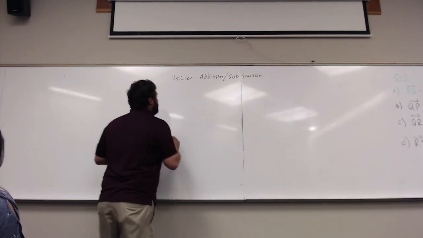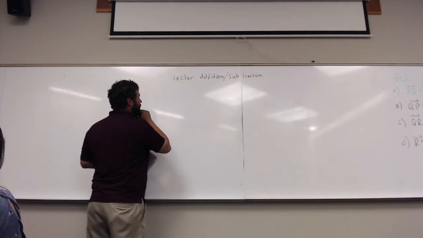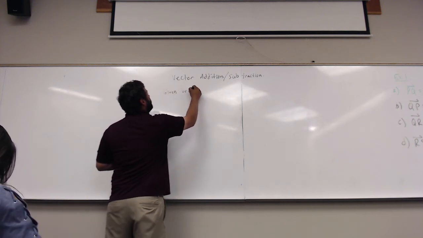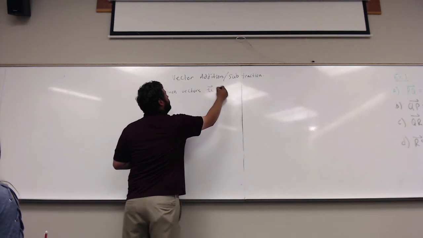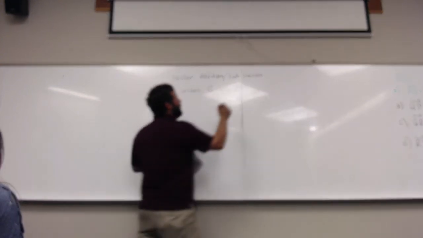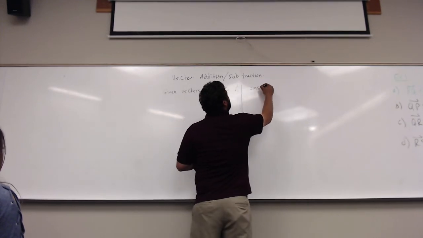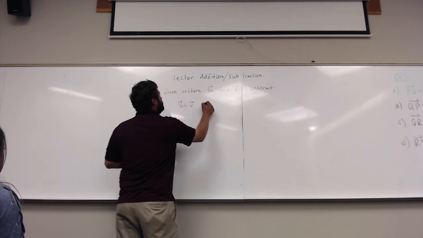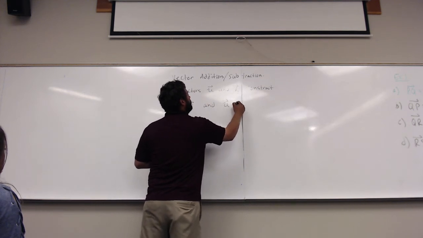Let's say I have two vectors. Given vectors u and v, we're going to construct u plus v and u minus v.